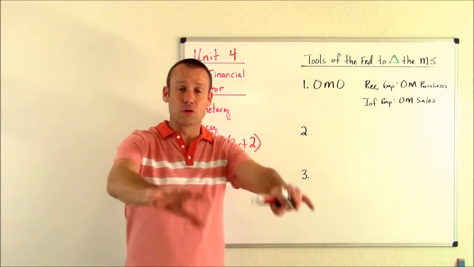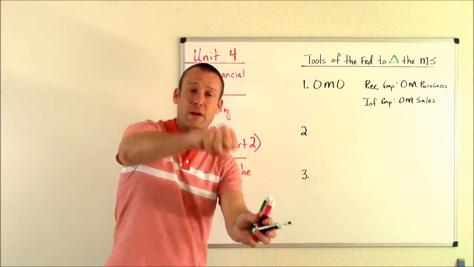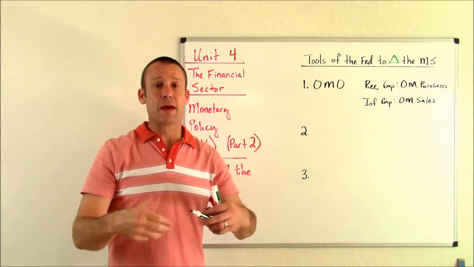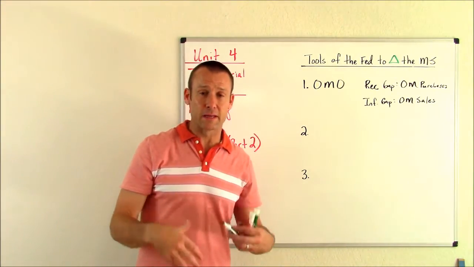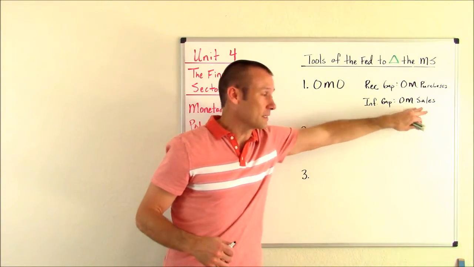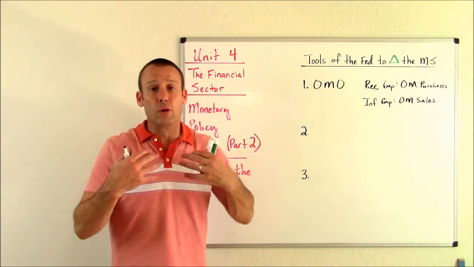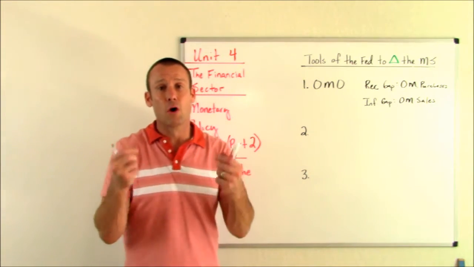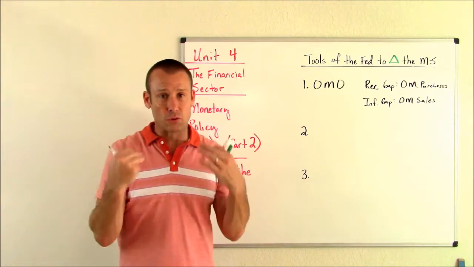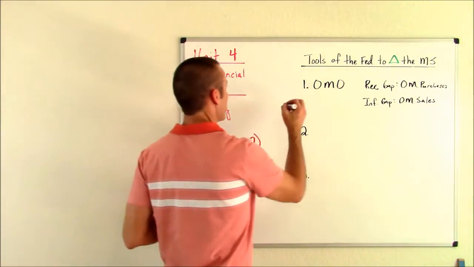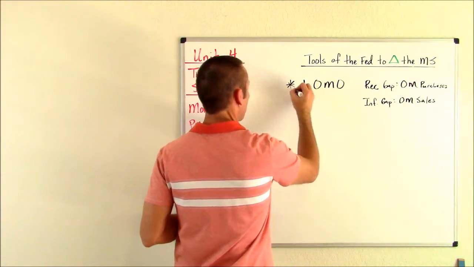They're going to sell U.S. Treasury bonds in order to take reserves out of the banking system and hope that the interest rate goes up and there are fewer loans made, therefore curtailing spending. So again, open market sales of U.S. Treasury bonds pull reserves out of the banking system, hope that the interest rate goes up and curb spending. That is by far number 1, so put a big star by it.